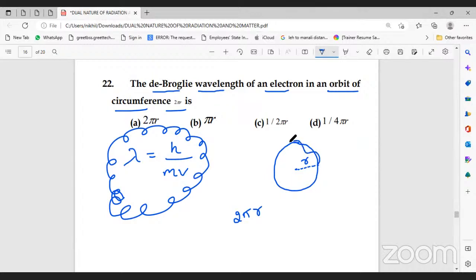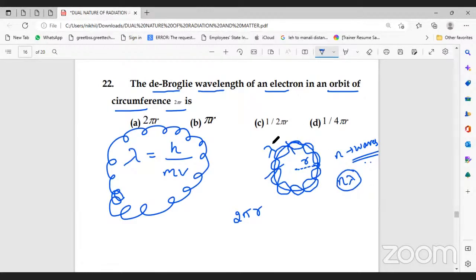Whenever the wave is moving in the form of stationary waves like this, the wavelength of one wave is lambda. So on the circumference, if there are n number of waves, what is the total wavelength? n lambda. The total length is on the circumference, no?